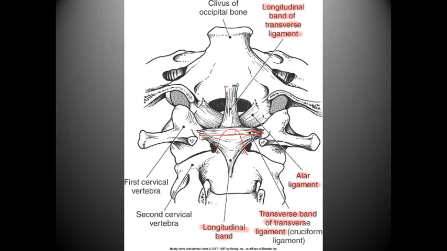We have also the lumbar ligament and the longitudinal band of the transverse ligament, which allows this to kind of stay in place.